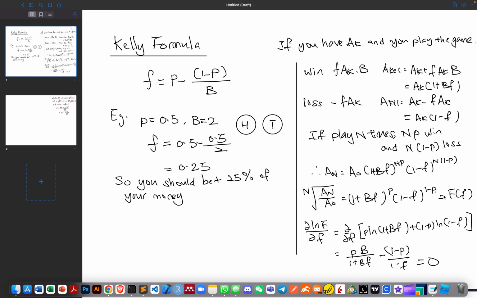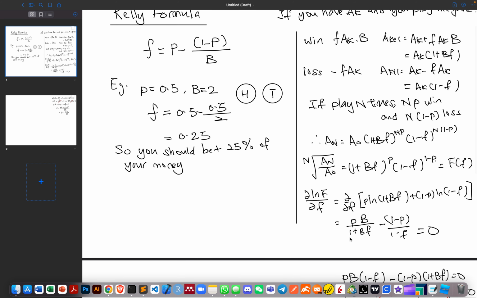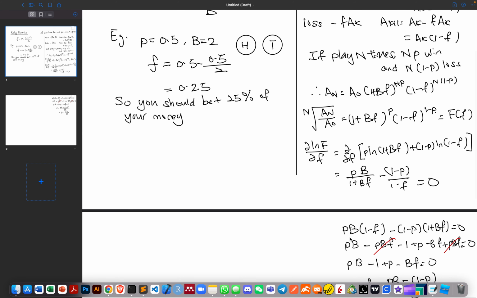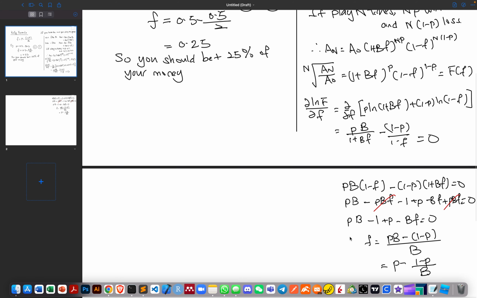And let's call this the BF. If we want to maximize this, we take the log derivative of it, which is given here. And then after some algebra, you will get the Kelly formula.